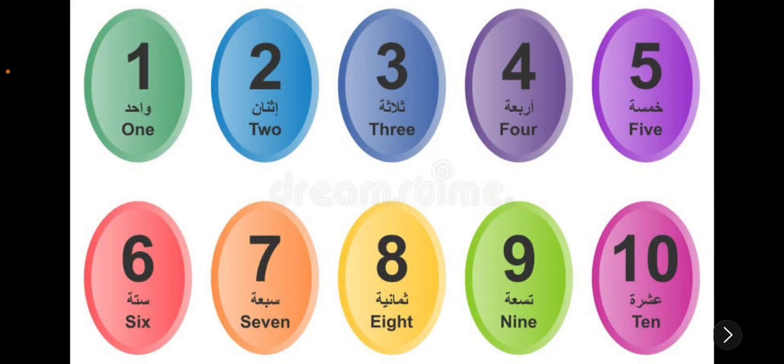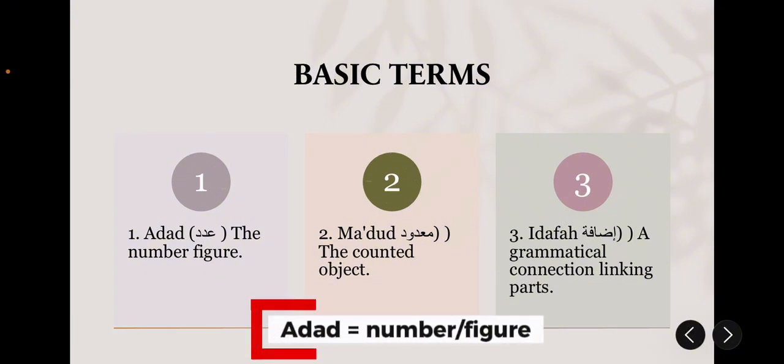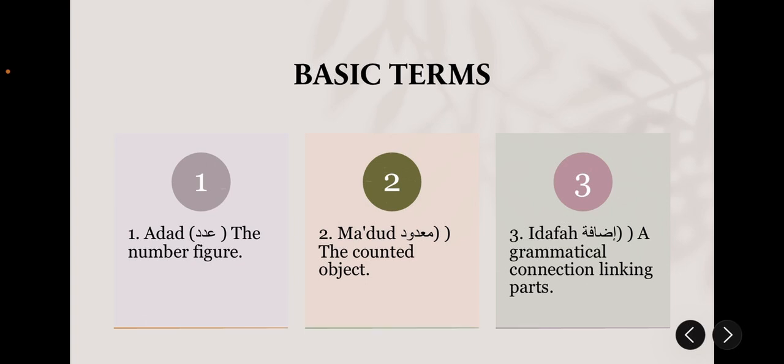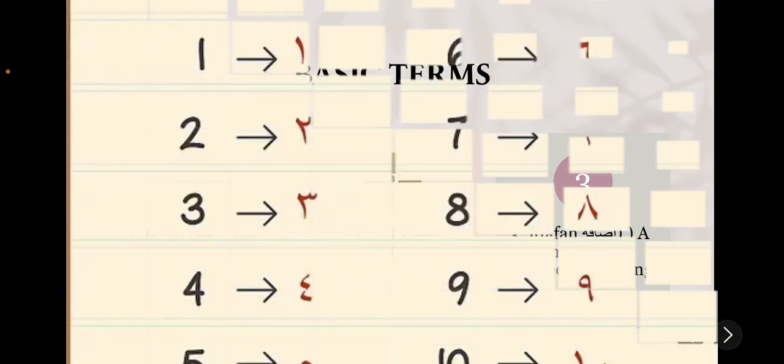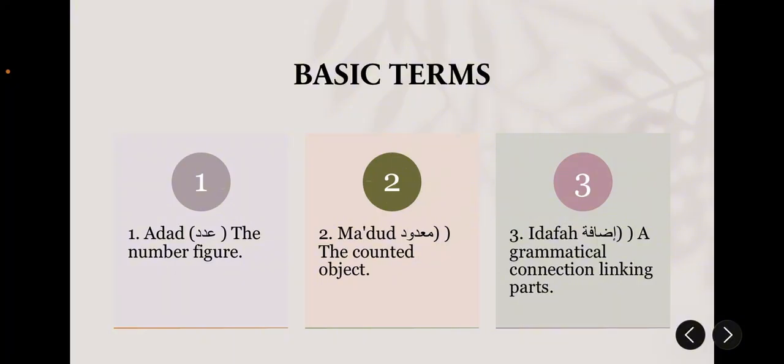Before we start into each of the rules and giving examples, there are some basic terminologies that must be mastered and understood properly. First of all, you need to know what is called adad. Adad is the number or the figure that you are using to count. This is usually the cardinal numbers that we all know: 1, 2, 3, and so on. The second is ma'dud.